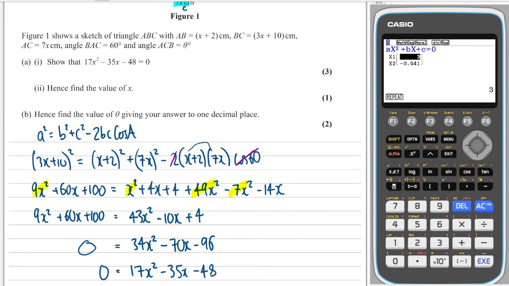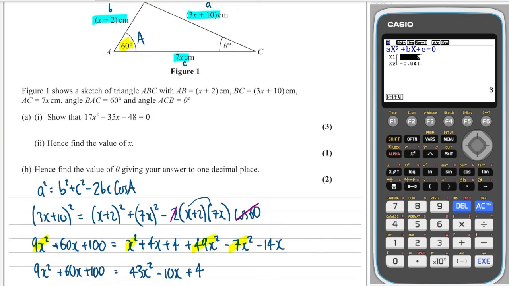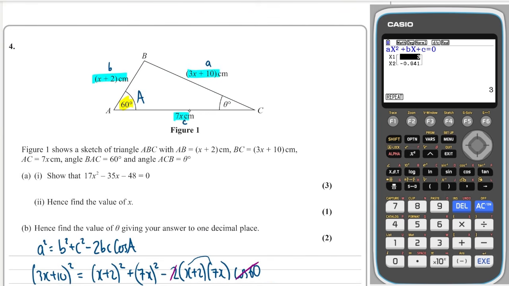And then it says, hence find the value of theta, giving your answer to 1 decimal place. Okay, so what do we know? Well, we know x is 3, so we know this side length is now 5. And if x is 3, this is 19. So what we have is a side length with an angle opposite, which we're trying to find, and a side length with an angle opposite, which we have.